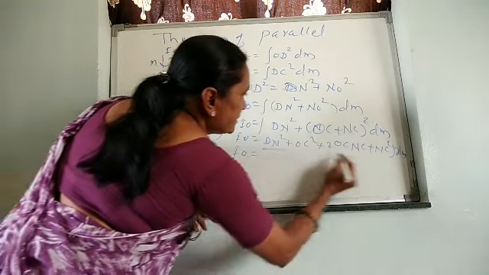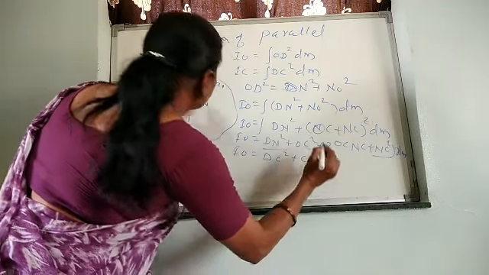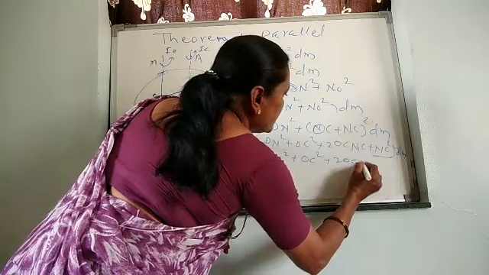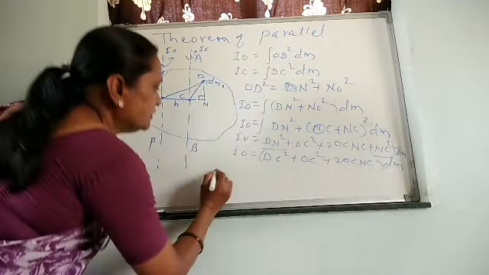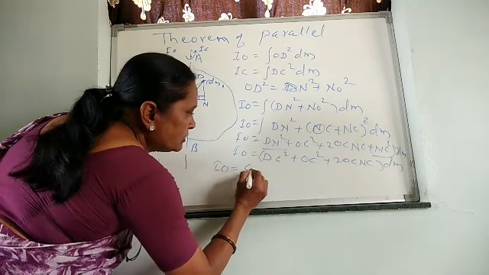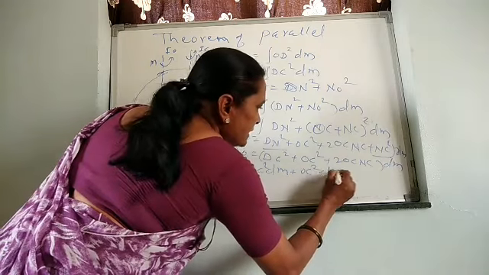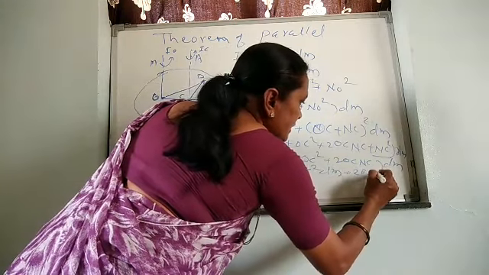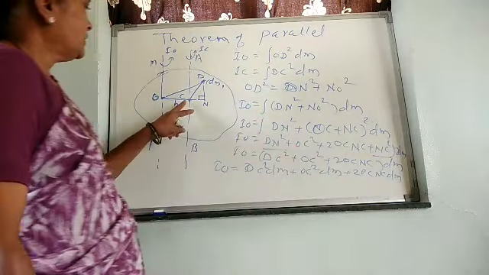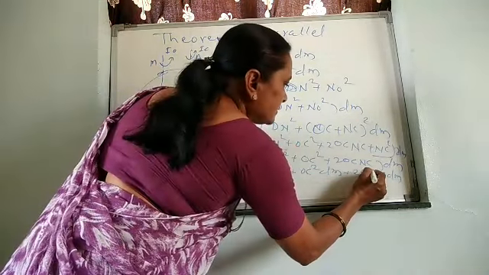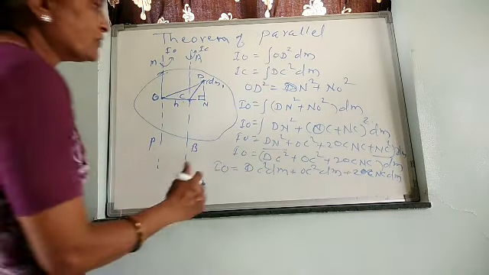Therefore you can write DC square plus OC square plus twice of OC into NC, and then it will be dm. Then you can write IO is equal to DC square dm plus OC square dm plus twice of OC into NC into dm.